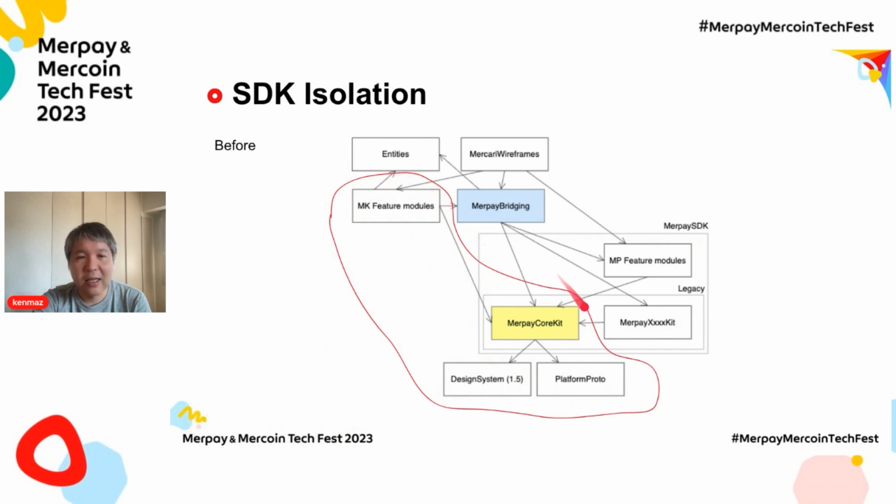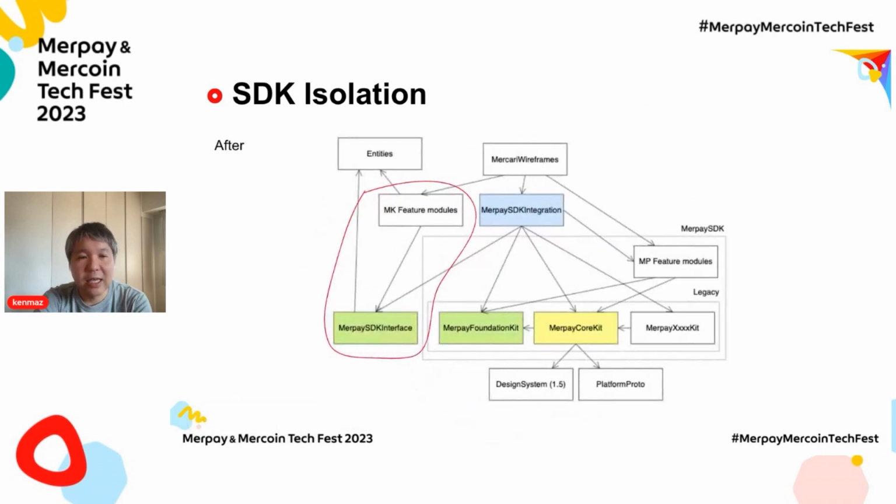And so if we wanted to test the Mercari features, these all get booted up, and as the Bazel build cache, it would stay, and therefore causes the storage cache to get too big. And so we changed the design, and the interface for the DI container had been taken out as a protocol, and for Merpay, we took that out as a Merpay SDK interface.